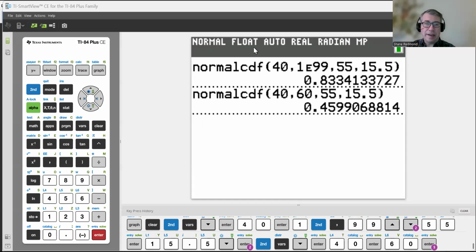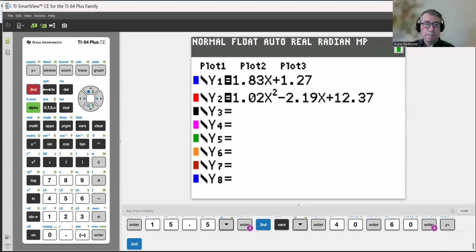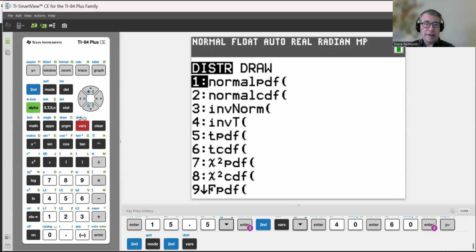So as I switch to my calculator screen, the good news is the inverse norm command is in the same place our normal CDF command was. I go to variables. Second variables to get to my distribution list. And 1, 2, 3 down on my calculator is the inverse norm command.